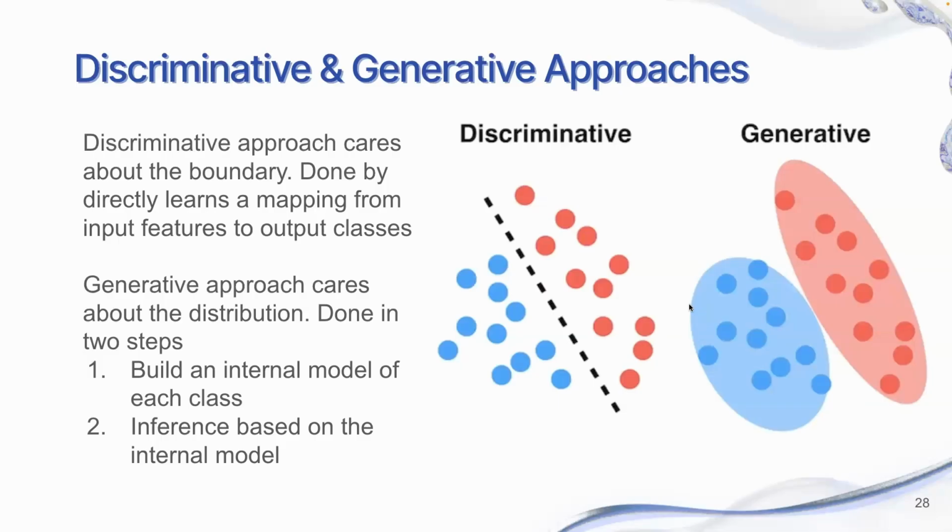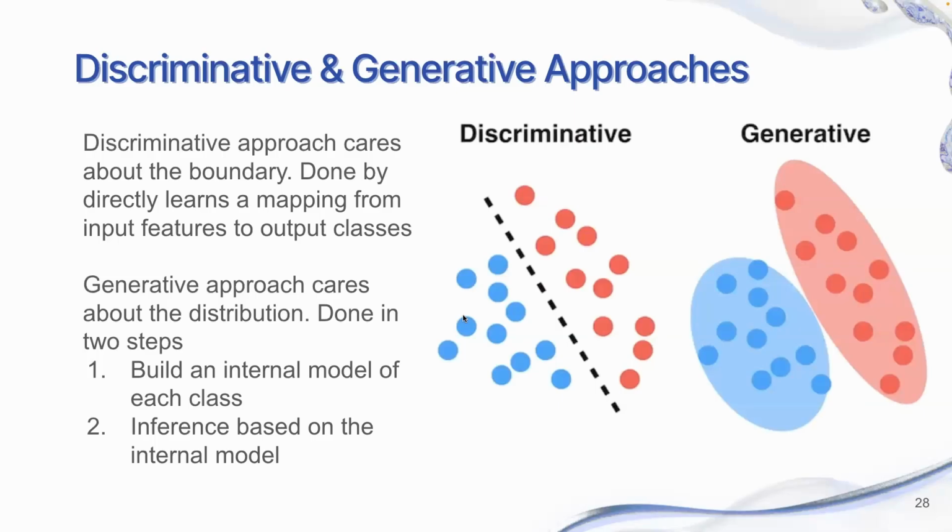At this point, you can say it's more likely to be blue than red, but you're not 100% sure it's blue anymore. For the discriminative approach, you don't care: if it's to the left of the line, it's 100% blue. So there's some sort of uncertainty or probability involved here.